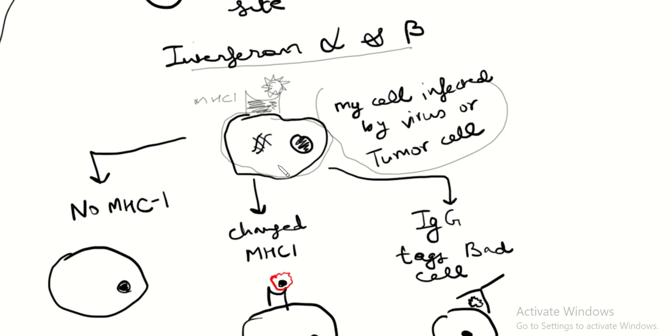Now, let's say a virus attaches itself in my machinery, or a cell becomes cancerous. What may happen? It may completely lose its MHC1. If that be the case, the natural killer cell will recognize it and say, this cell's no good, right?